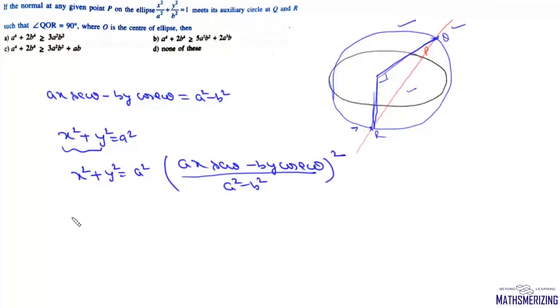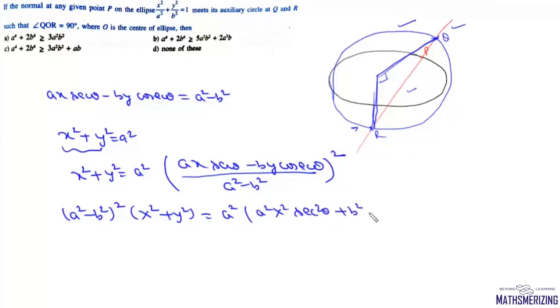So we can rewrite this equation as a square minus b square whole square into x square plus y square, and here it will be a square, and then a square x square secant square theta plus b square y square cosec square theta minus 2ab xy secant theta into cosec theta.